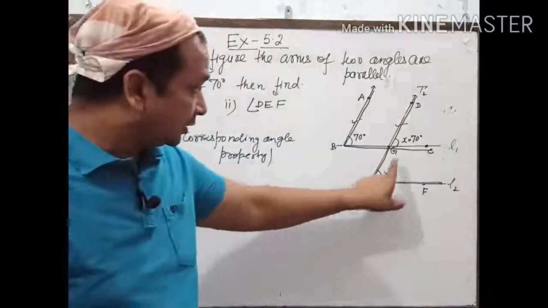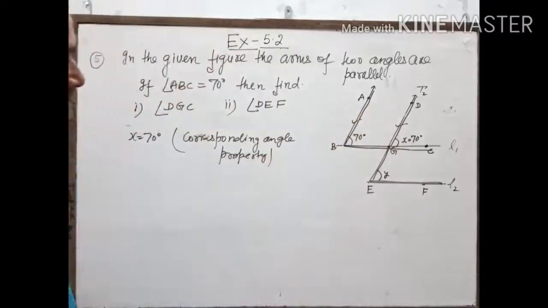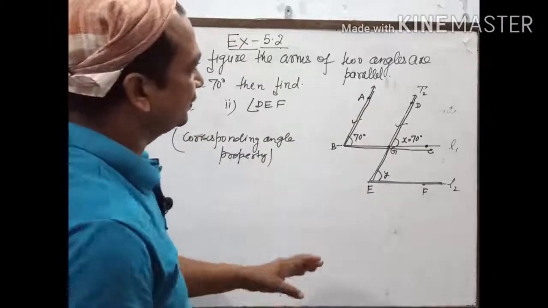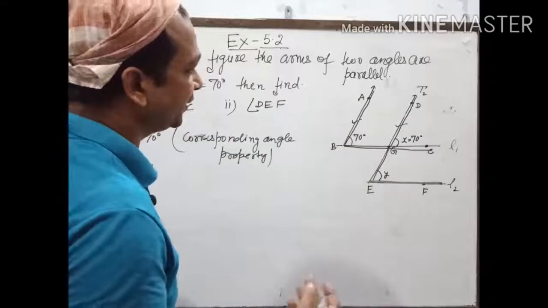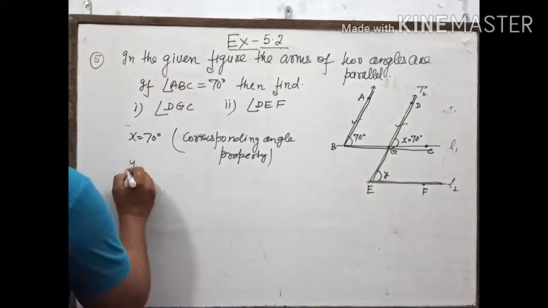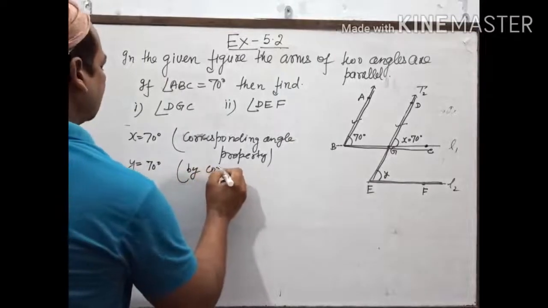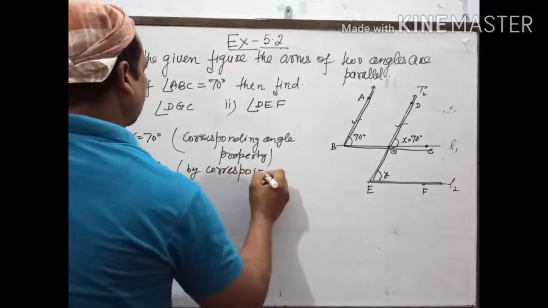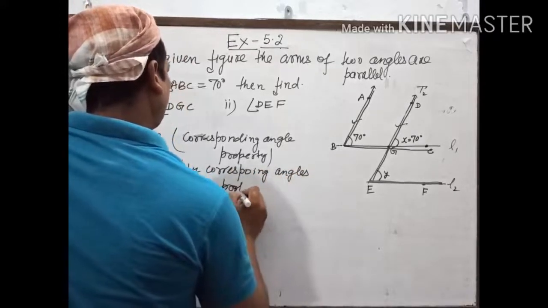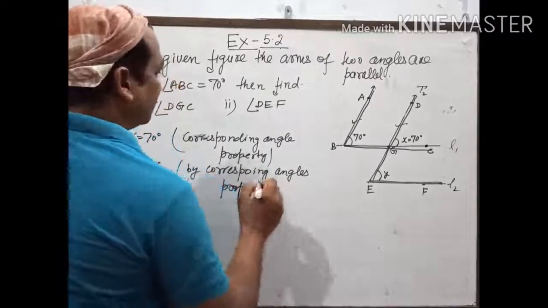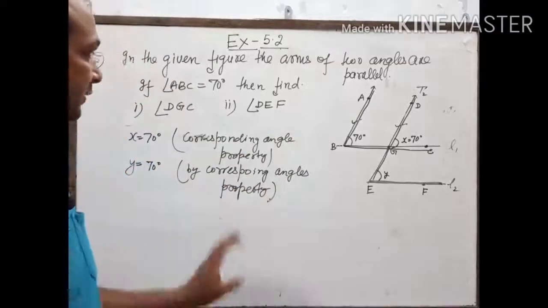Then if we look at angles x and y, this is again a corresponding angle. So if the intersected lines are parallel, then corresponding angles are equal. Again y equals 70 degrees by the corresponding angles property. So students, we can solve this question easily.